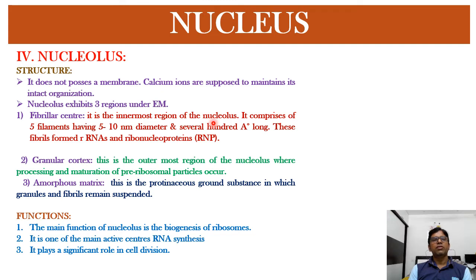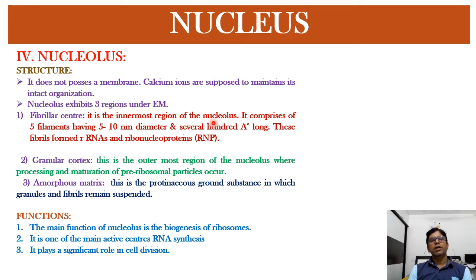If you see the structure of the nucleolus, it does not possess a membrane, but the intact organization of the nucleolus is maintained by the calcium ions. Under the electron microscope, it exhibits three distinct regions: fibrillar center, granular cortex, and amorphous matrix.